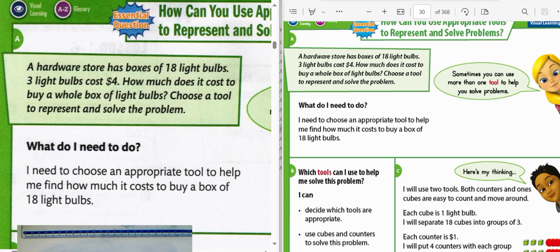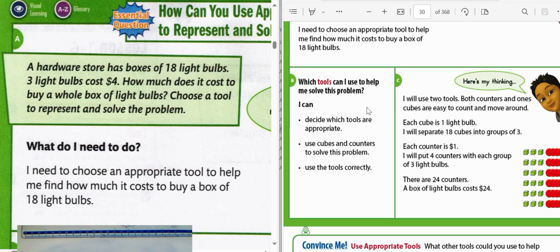Choose a tool to represent and solve the problem. We know 18 divided by 3 equals 6. The store has 18 light bulbs, and each 3 bulbs cost 4. Then we can find the price: 18 divided by 3 equals 6, and the price will be 4 times 6 equals 24.